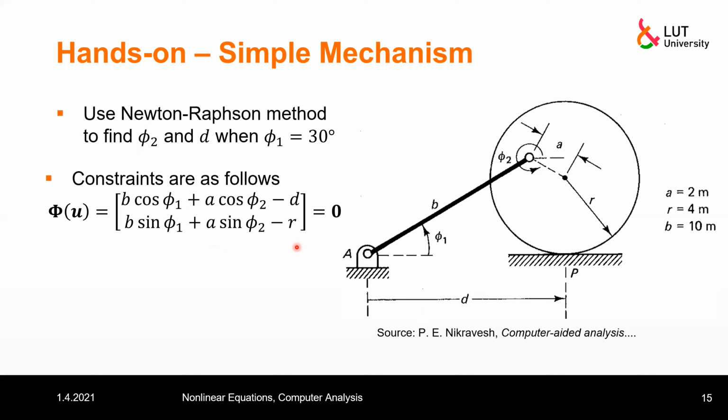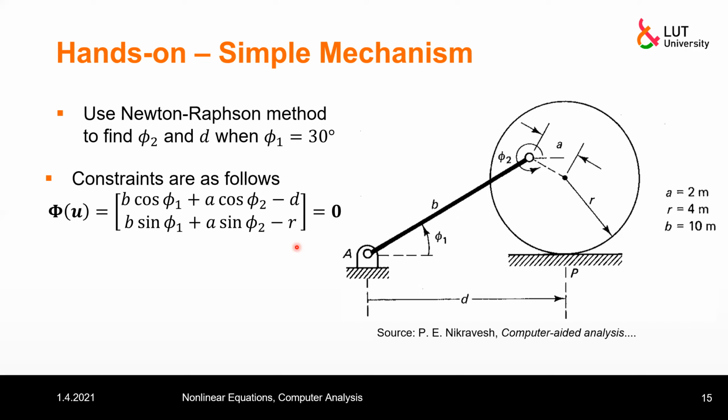First of all, we need to somehow describe this mechanism in a form that is understandable by a computer. The easiest way to do that for this kind of mechanism is to write a so-called loop equation.